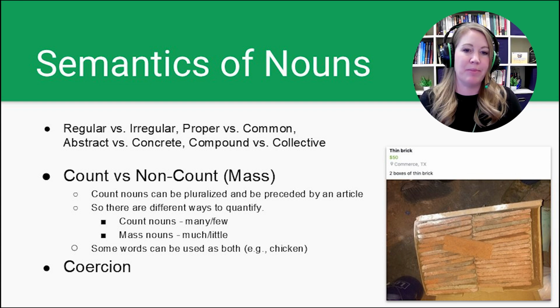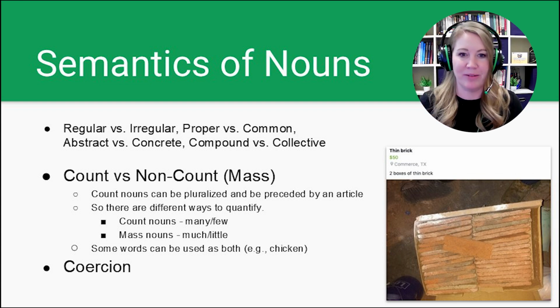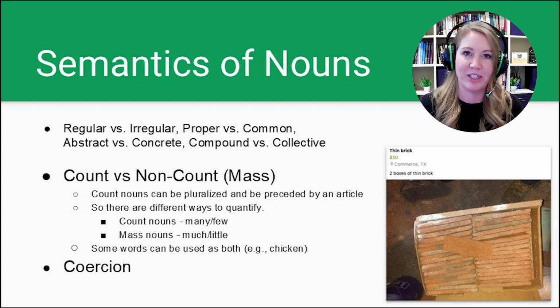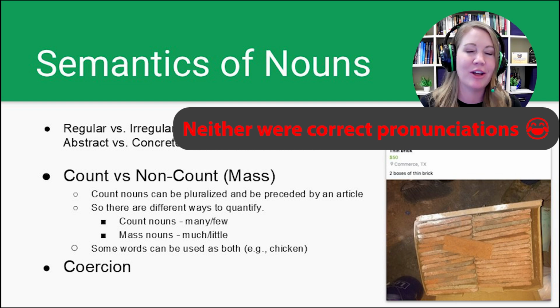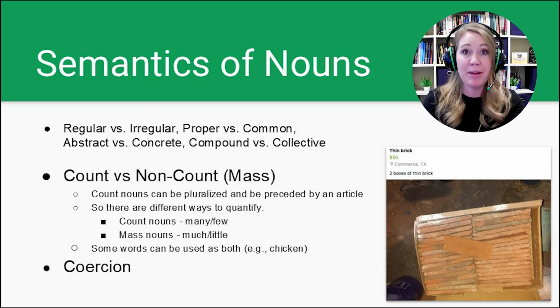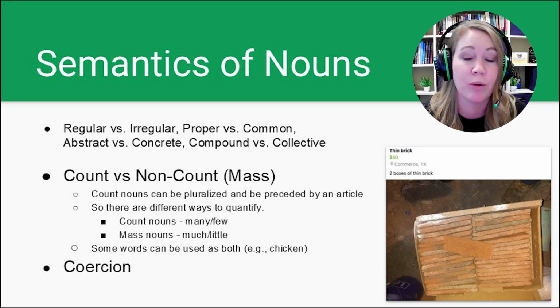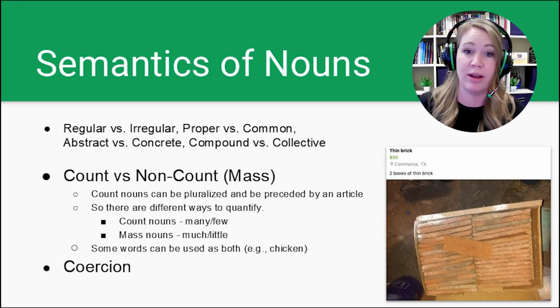And these examples, again, illustrate linguistic coercion. Is it coercion or coercion? I never know if I just say words wrong or if it's my Midwest accent. Who knows? So this is a phenomenon where a word or phrase is used in a way that extends beyond its typical grammatical or semantic boundaries.